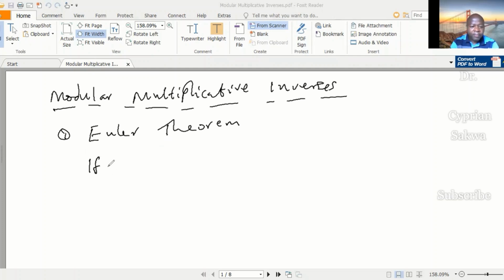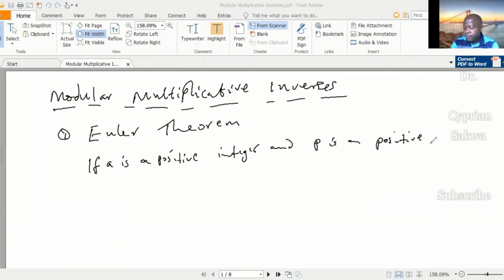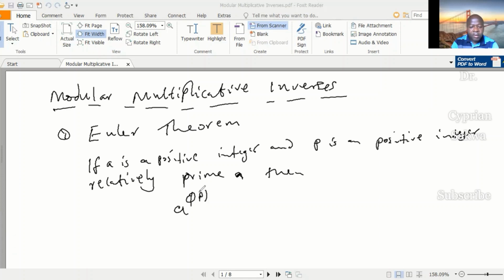It says that if a is a positive integer, and p is another positive integer relatively prime to a, then a raised to phi of p will be congruent to 1 mod p.